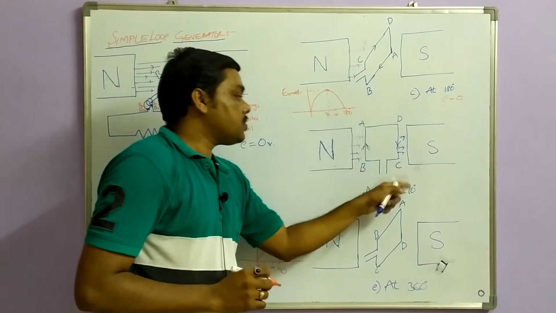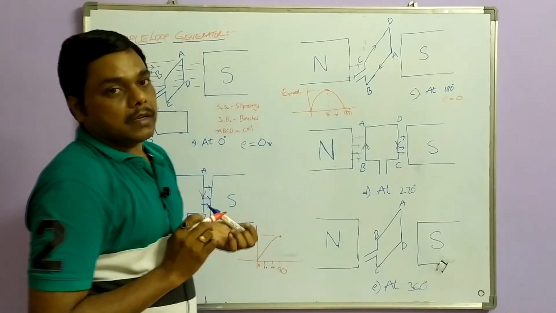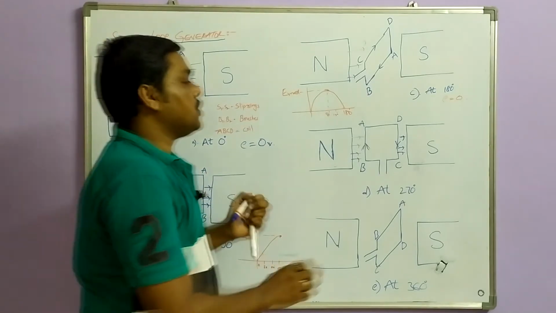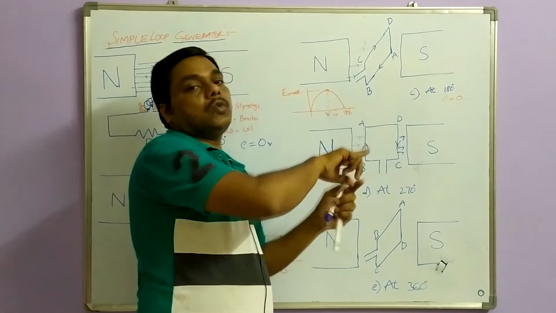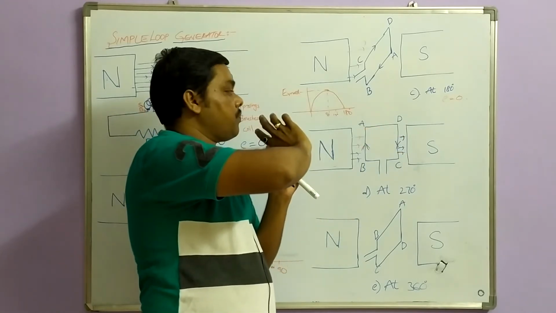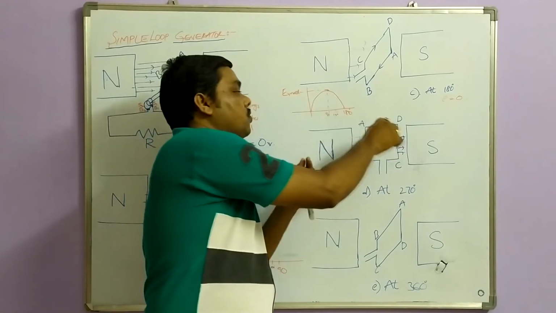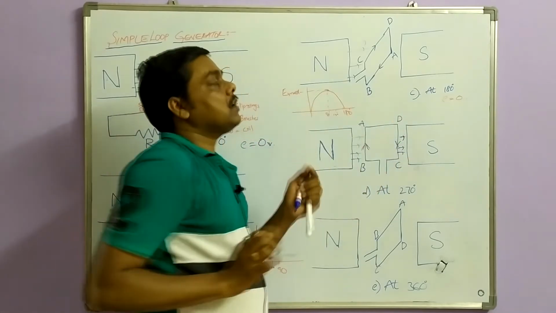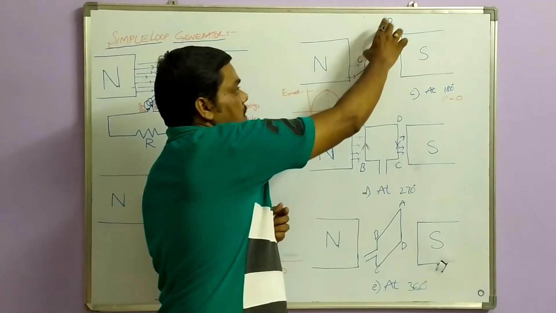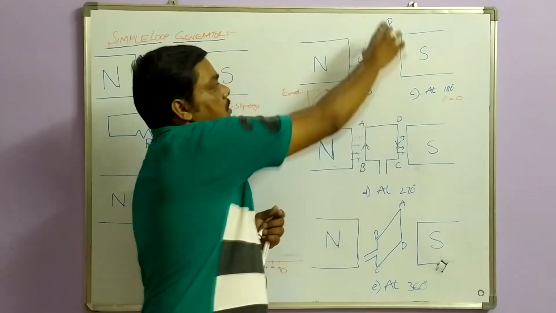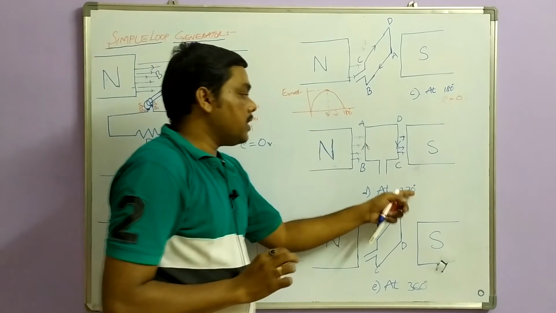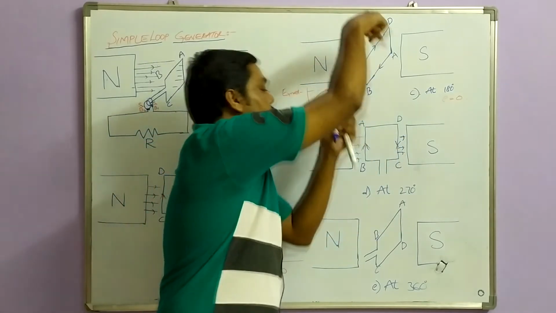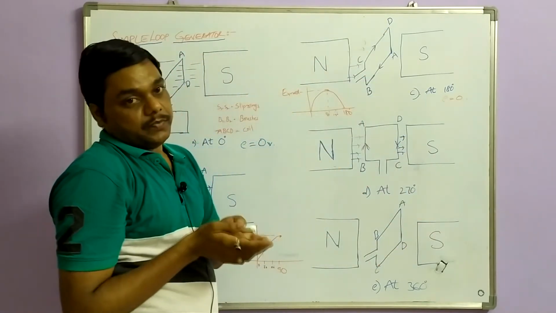Then what is the direction for the DC conductor? Again you place your forefinger parallel to this flux, and what is the force acting on this DC conductor? The force acting on the DC conductor is now downwards. Why? This was the upward portion in your 180 degrees position, but at 270 degrees this DC conductor is moving in the downward direction.